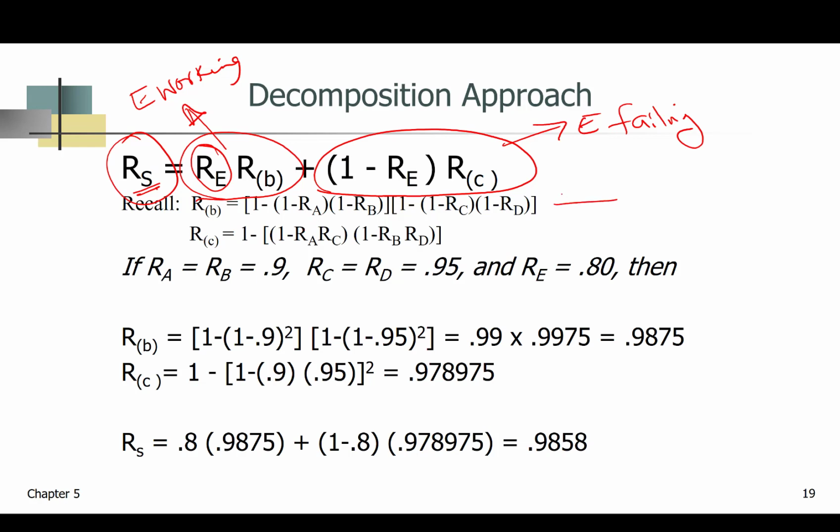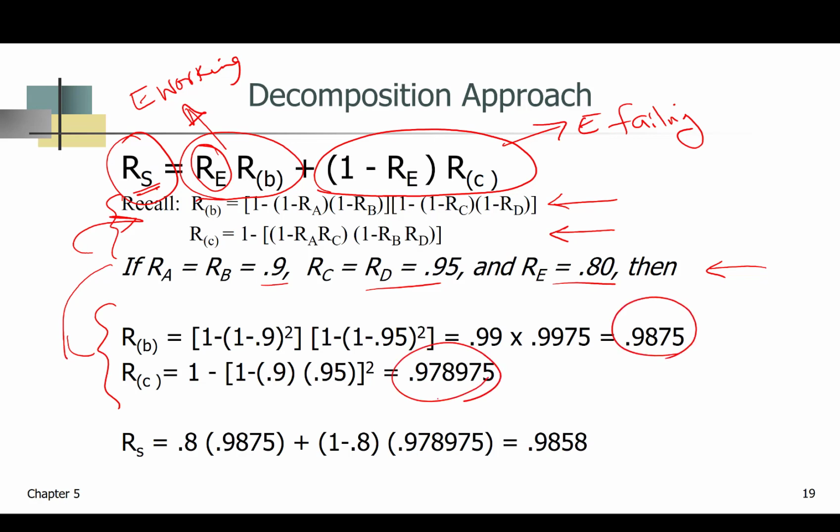So reminding us of what those results were from scenario B and C, and assuming that we have these numerical values for reliability of A, B, C, D, and E, then we can plug those numbers in here, in these two, and get these answers right here.